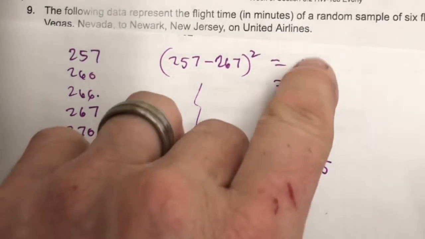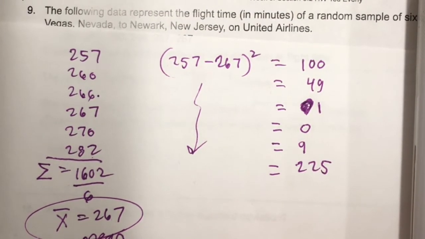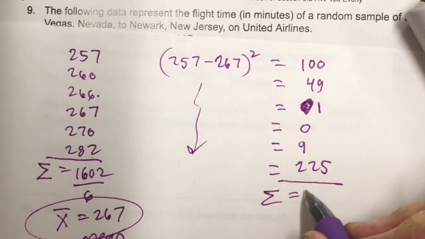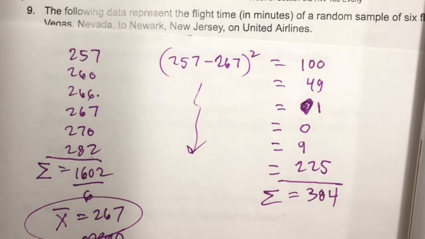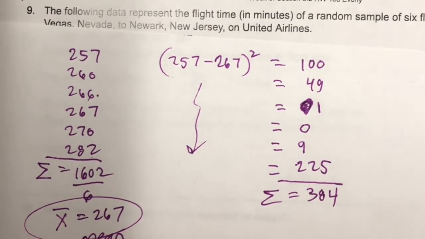Okay, and so I add all these up. 100 plus 49 plus 1 plus 9 plus 225, that's 384. I'll do that again, 384.